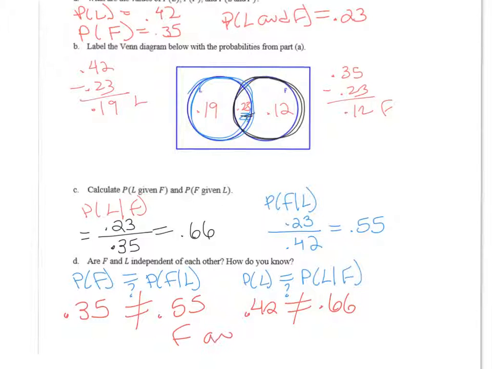So F and L are not independent. You have to show this math with these numbers to prove the independence or not independence every time.